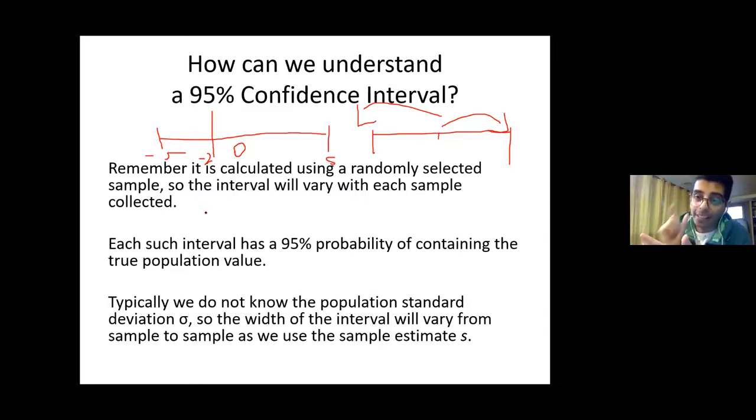You have a 95% chance of including the population mean within any, for example, 95% confidence interval. Now that statement is true. With any 95% confidence interval that you get from a sample, you have a 95% chance of hitting the true population mean, because we don't know where the population mean is.